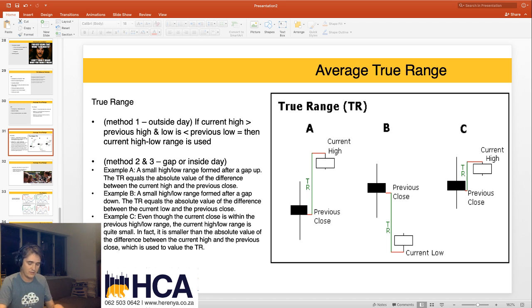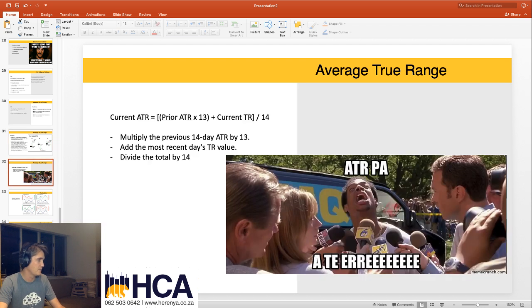There was a whole table where you have to work out all three, and then you pick the biggest one, and that you then use to make a simple moving average on these numbers, where you're figuring out the furthest distance from today's high or low, and the previous close.